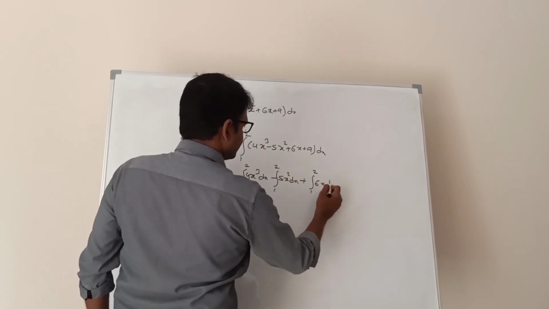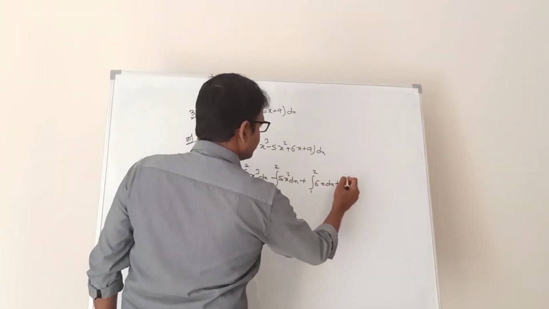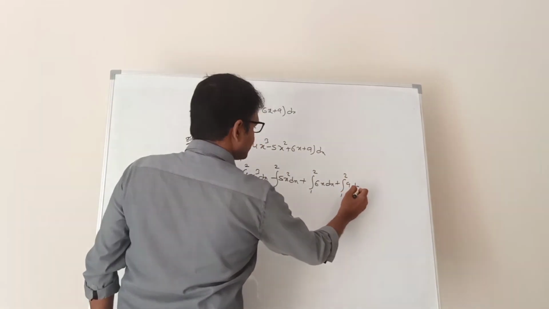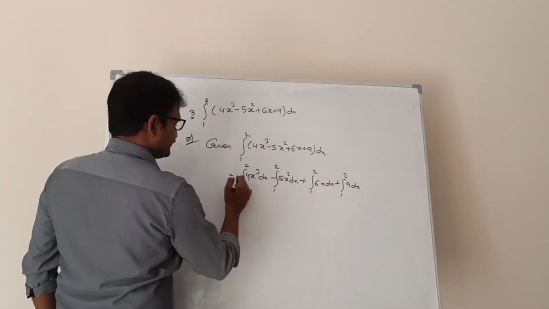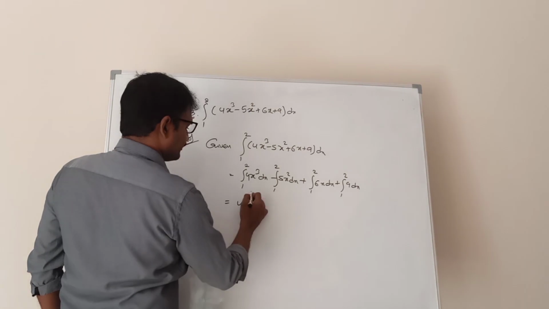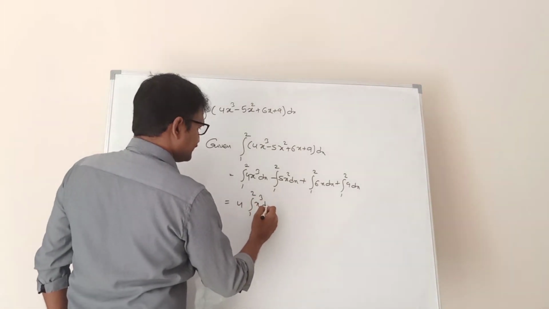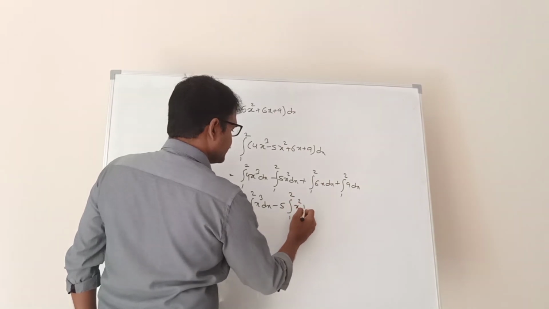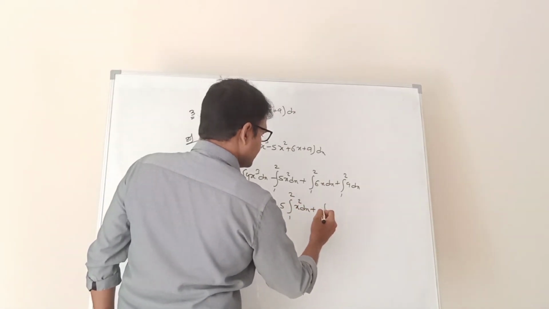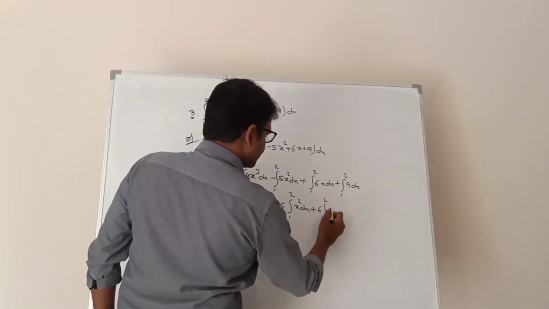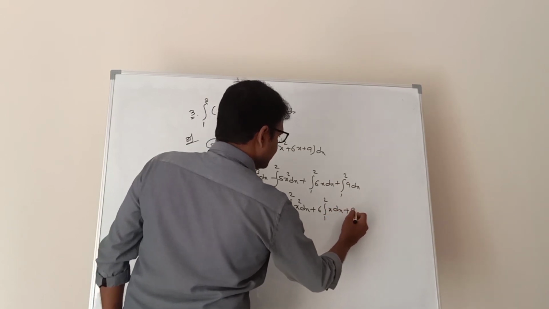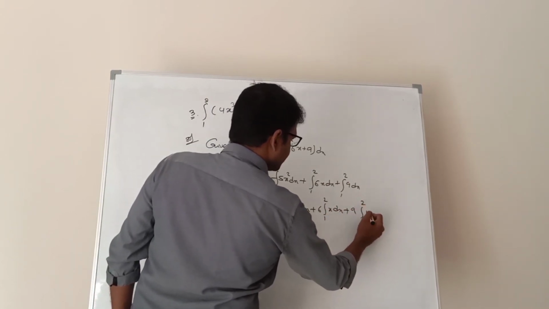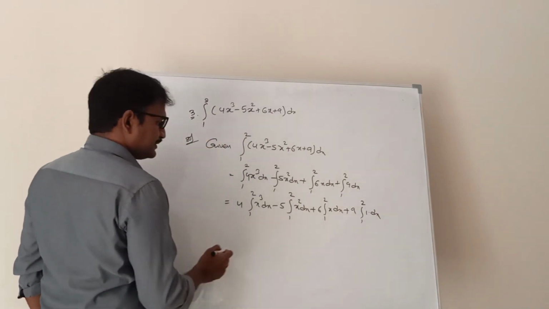Taking constants out: 4 into the integration of x cube dx, minus 5 into the integration of x square dx, plus 6 into the integration of x dx, plus 9 into the integration of 1 dx, where if nothing is there you can write 1 dx.